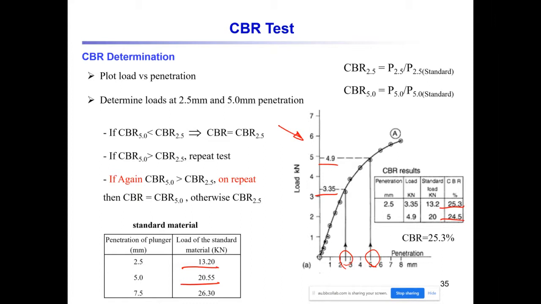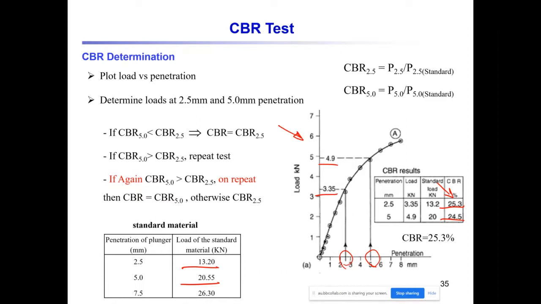When CBR 2.5 is larger than CBR 5, which is the case in this example, the final CBR is CBR 2.5. But when CBR 5 is larger than CBR 2.5, the results are not that reliable.